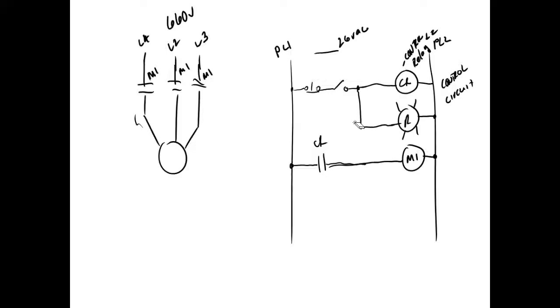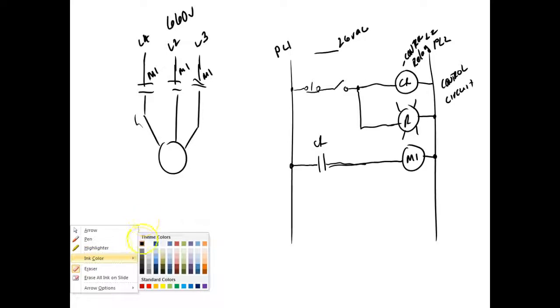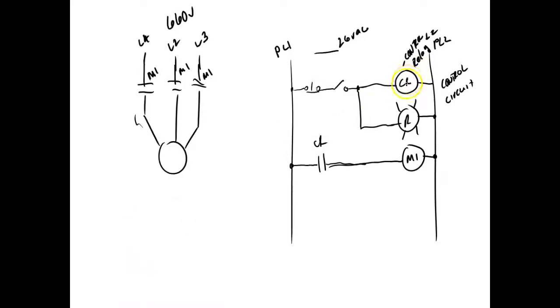Now, when I come up here and program this, if it's a CR, by the way, we could say, okay, let's change this up on a PLC. Well, on a PLC, what we would do is come up here and say, okay, I've got this relay right here, and I've got this light bulb, and then I've got this guy down here. Well, on the PLC, we might do it like this.